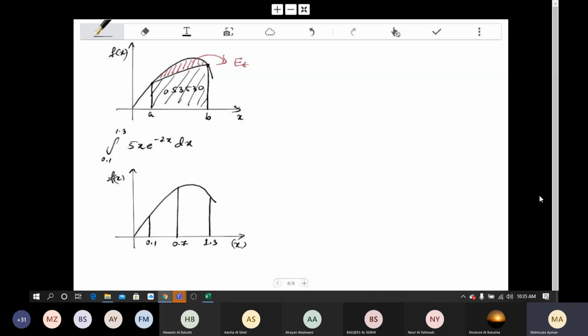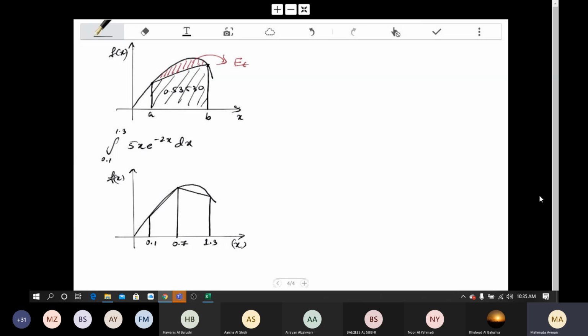And if we draw straight lines between these segments, from here we have one segment, and then here we have our second segment, right?